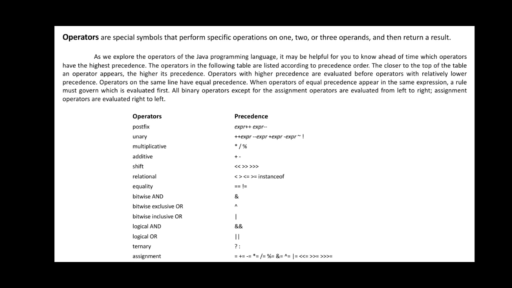These come after unary operators, because the multiplicative ones have higher priority than plus and minus. Then you will have shifting, left shifting, right shifting, and the instanceof operator, which can also be used as a relational operator.